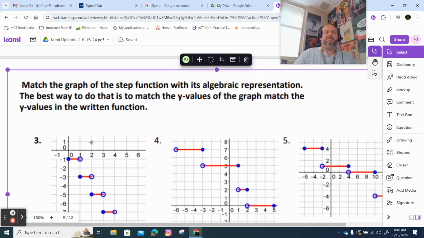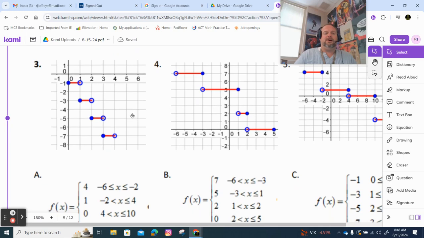All right. So it says match the graph. The best way to do that is to match the y values of the graph to the y values of the written function. All right. So let's look at 3.